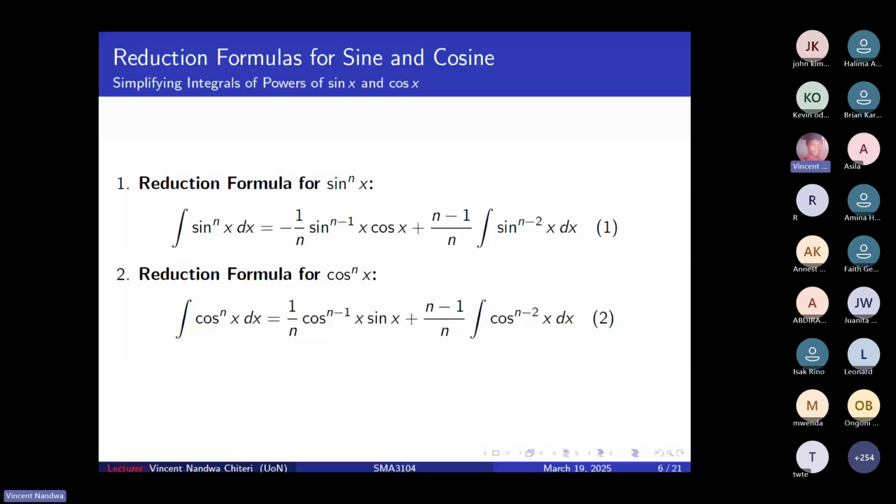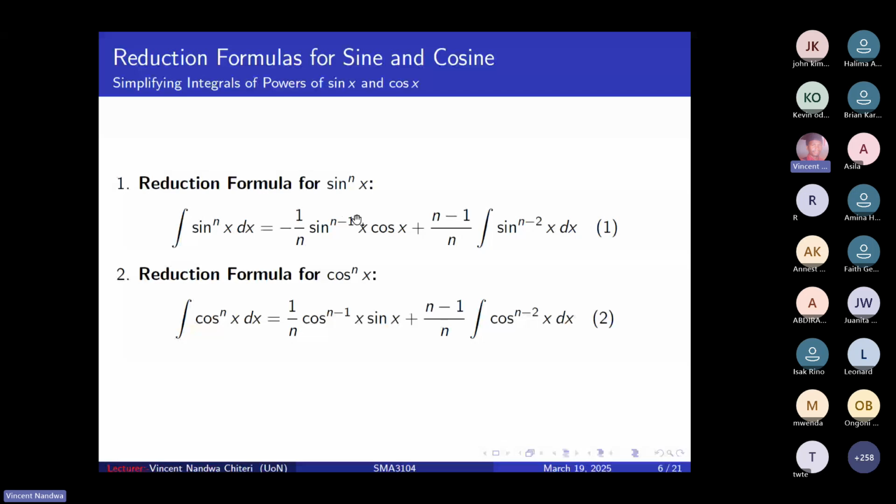Here, from formula 1, which is the reduction formula for sine power n x, the integral is -1 over n sine power n minus 1 x cos x plus n minus 1 over n integral of sine power n minus 2 x dx.